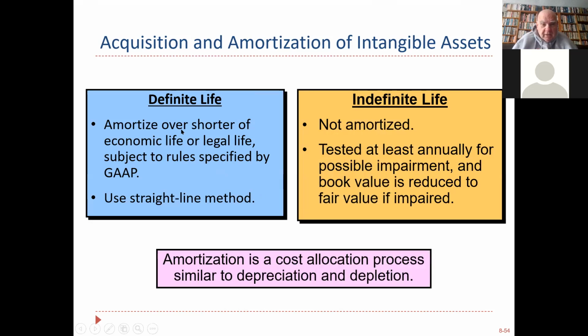Acquisition. You have to have a definite life. You have to know exactly how long this item will last, either by your very systematic and rational estimate or according to the accounting rules, according to GAAP rules. So you're going to estimate, you're going to amortize over the shorter of the economic life or legal life using straight line.